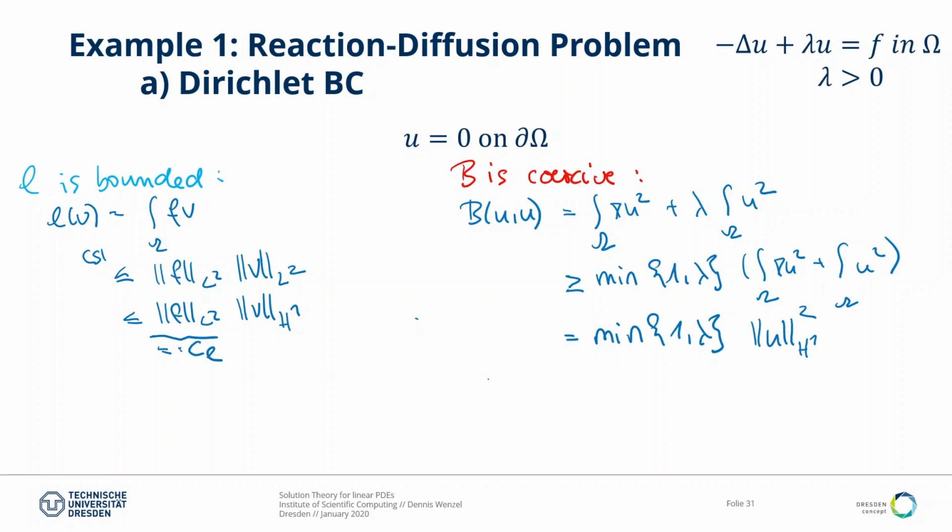And that's precisely what we wanted to show, because if lambda is bigger than 0, then this minimum of 1 and lambda is also bigger than 0, and then we can call this thing here alpha, and we see that B is coercive.